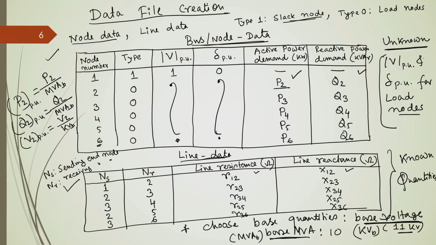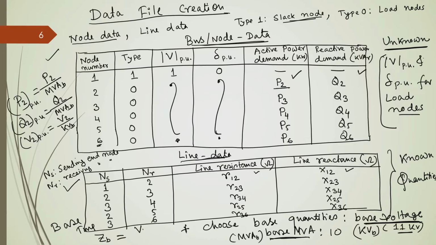Now, in order to convert the resistance to per unit, let us find out the base impedance, that is ZB. So, how do you find this ZB?